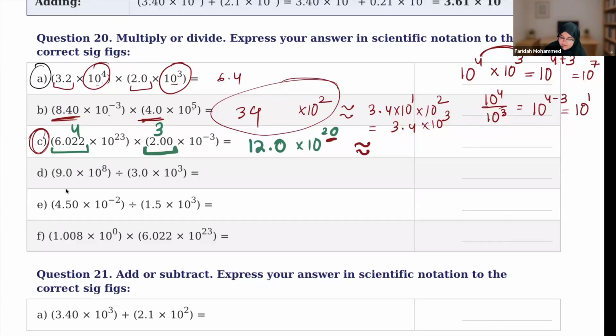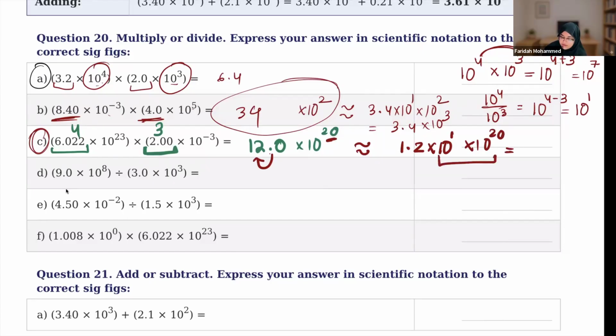Well, we're going to do it step by step so everyone understands. So this is not a correct first number. It should be less than 10. So we're going to move the decimal here. So you're going to get 1.2 times 10 to the power of 1 times 10 to the power of 20.